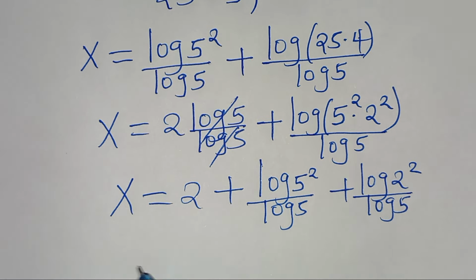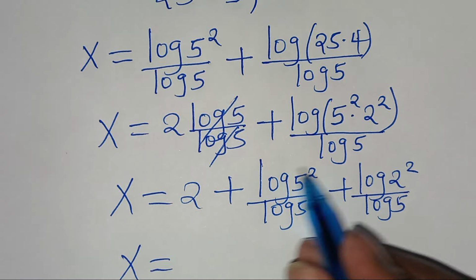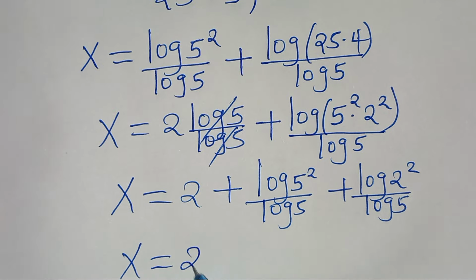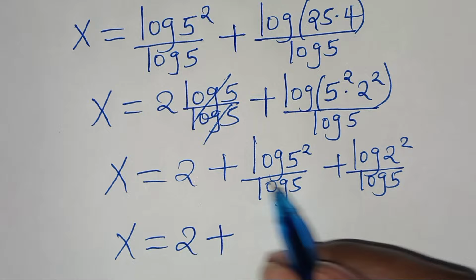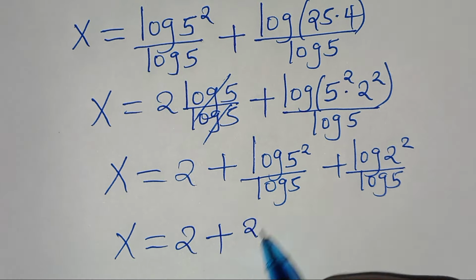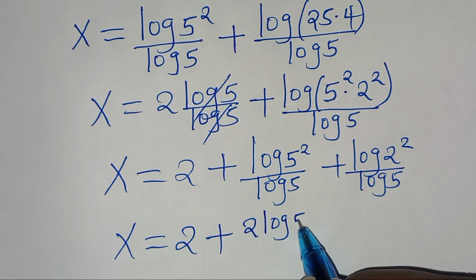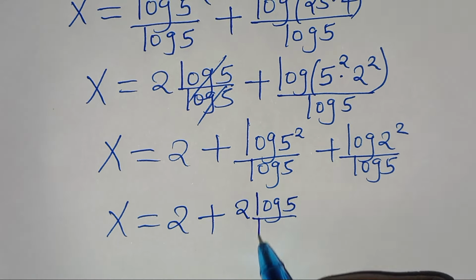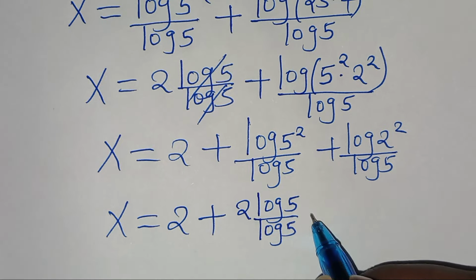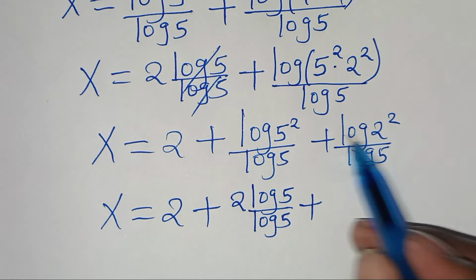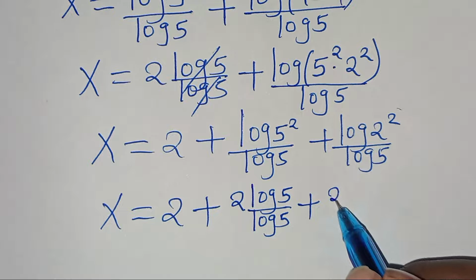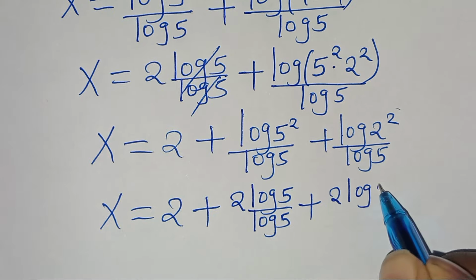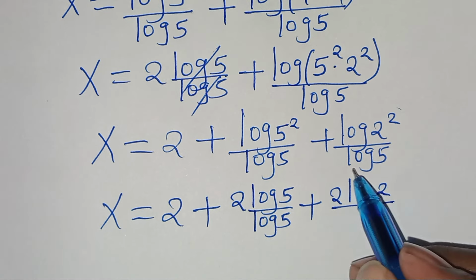The next step, again, we need to use the power rule property, so that now log 5 to the power of 2 becomes 2 log 5, then divided by log 5, then plus, you find that log 2 to the power of 2 becomes 2 log 2 divided by log 5.